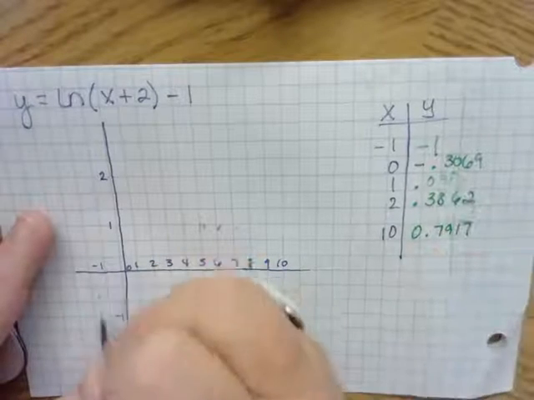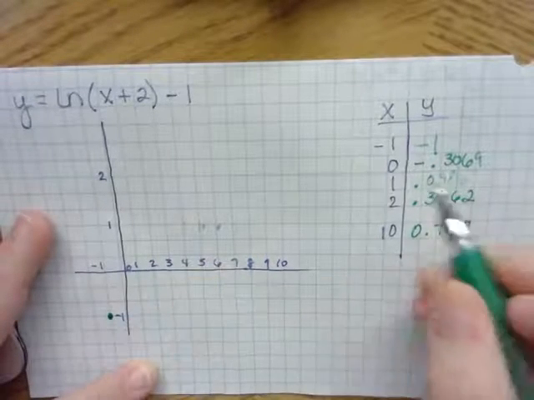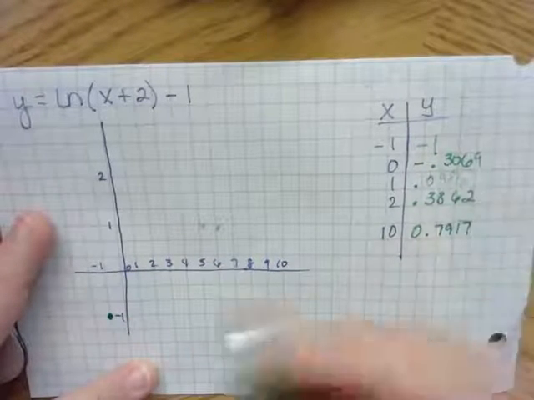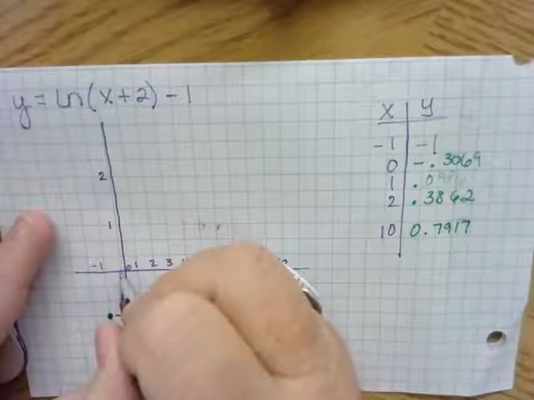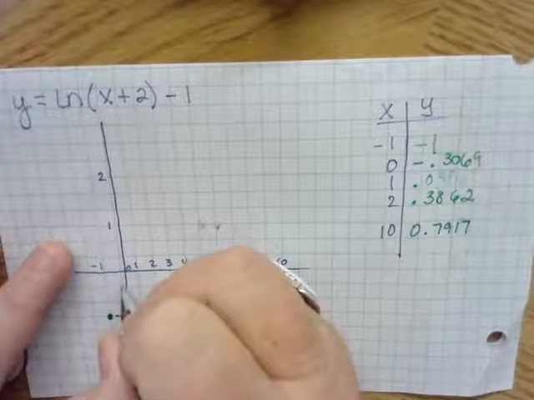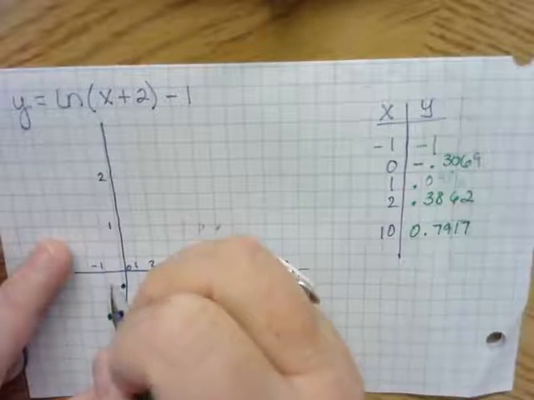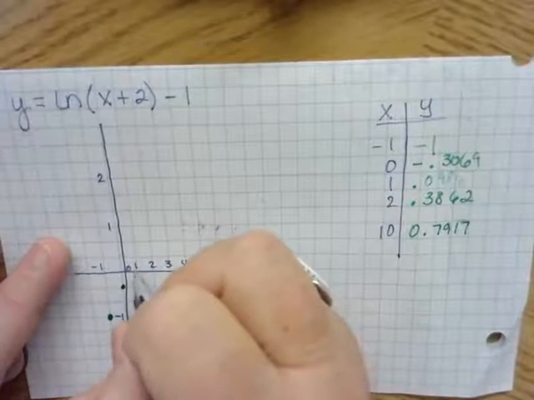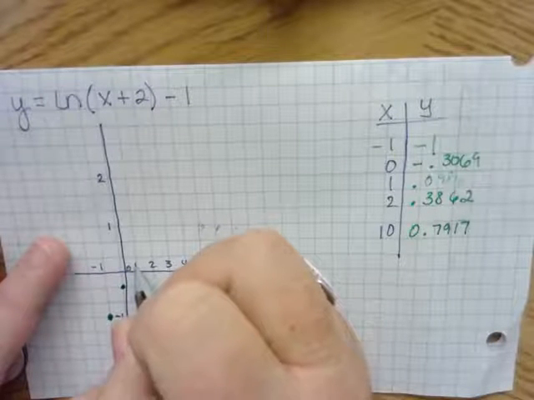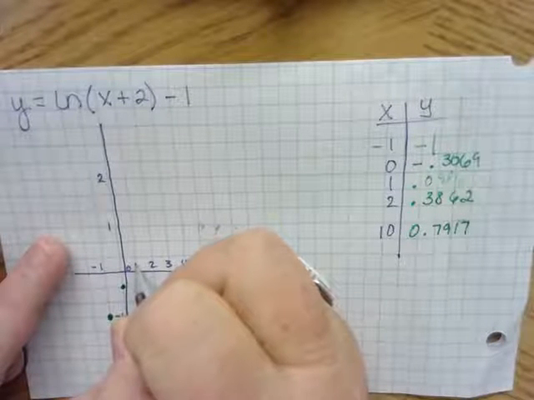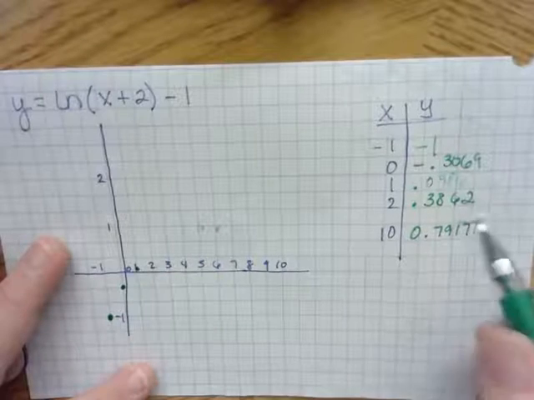-1, -1. 0, -0.3069. So 0, I get the fact that that axis is a little crooked. Go right here. 1, 0.09, so that's just barely above the x-axis. Okay.